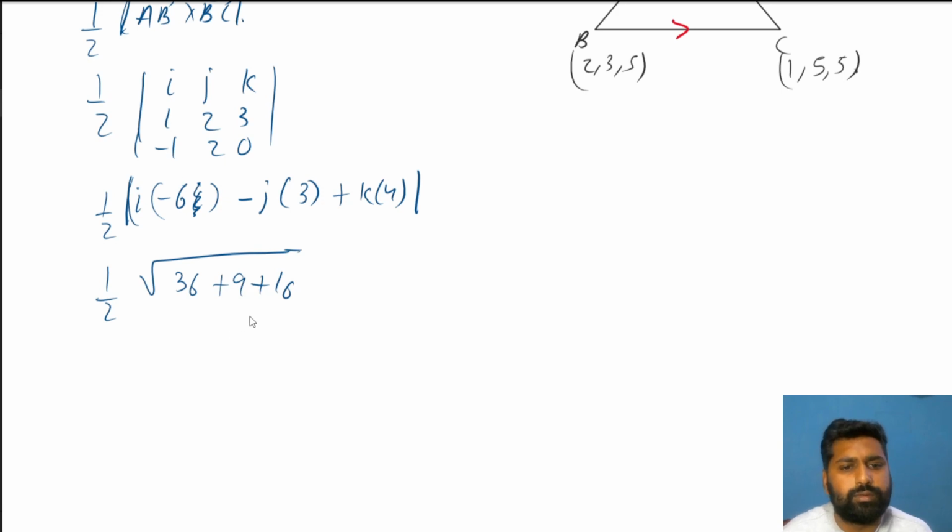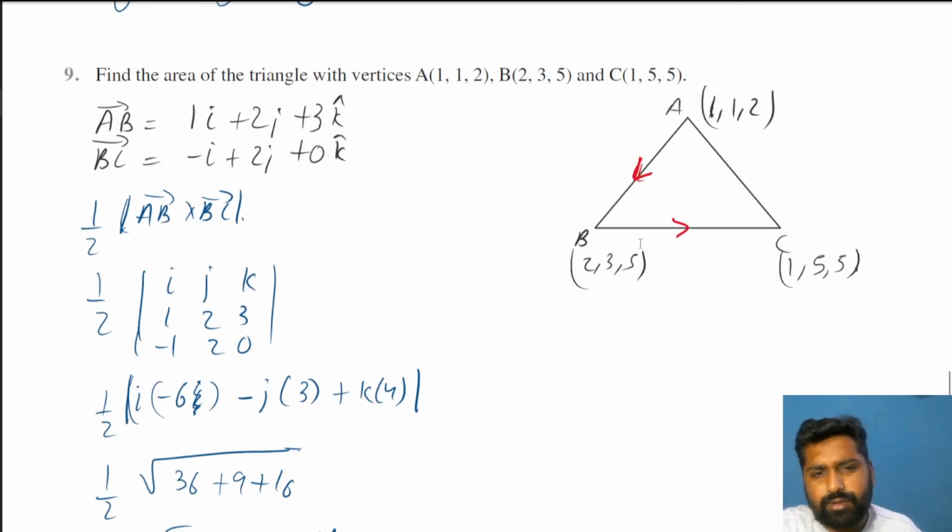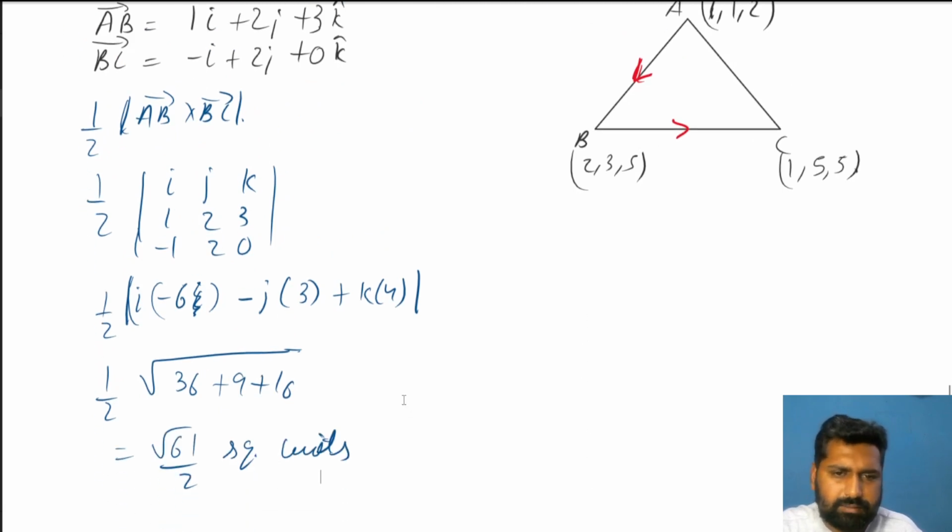So 36, 45, 61, root, it is coming root 61 by 2 square units. That's pretty much regarding how to calculate. This is a very lengthy question because they asked you to calculate first of all the vectors and then do the cross product to find the exact area. But still, if you are fast enough, you can do this quickly.